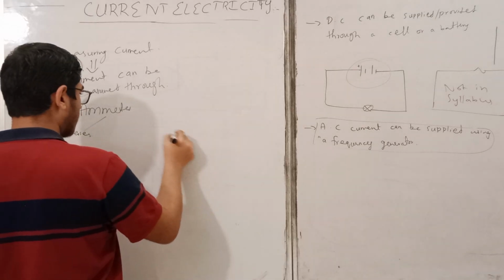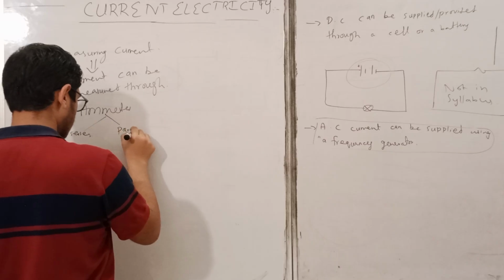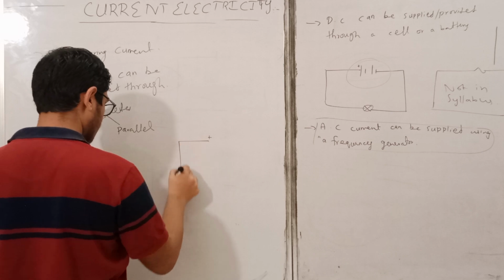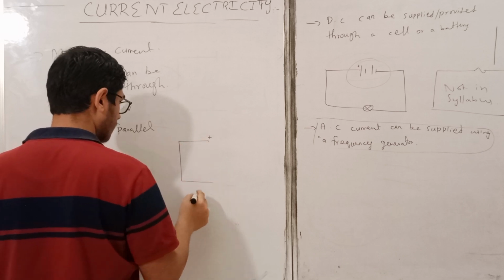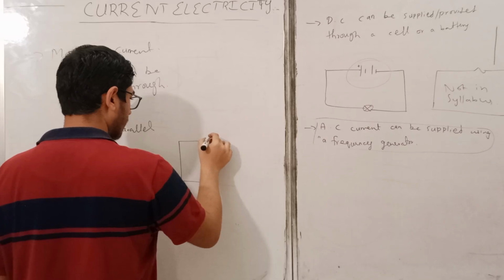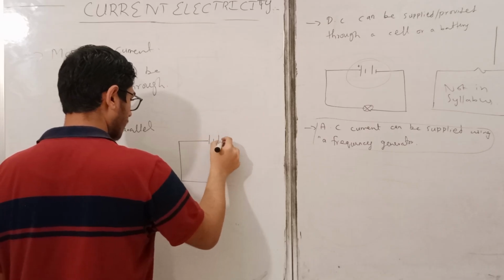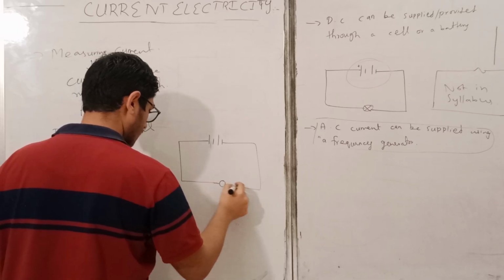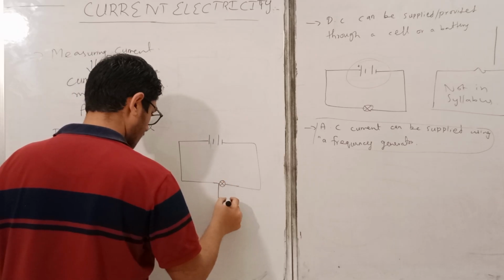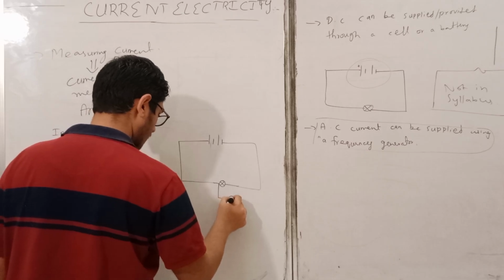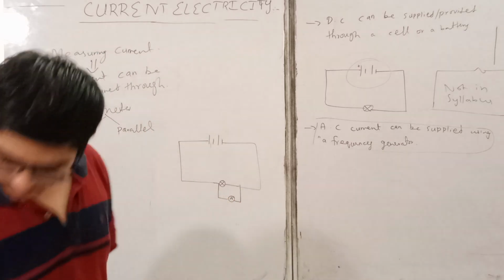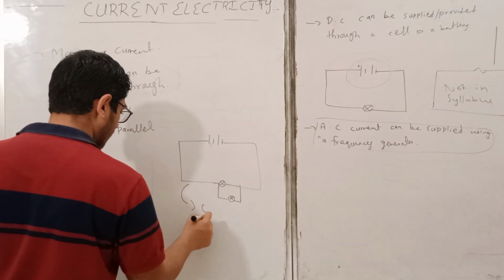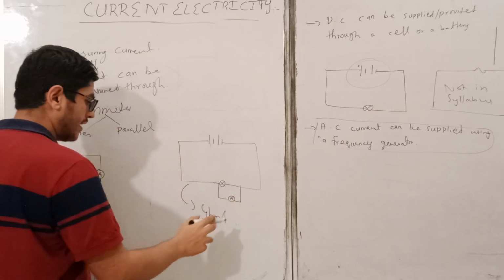But if it is connected in parallel, current will take an alternate path and a short circuit will happen, which will damage the ammeter.